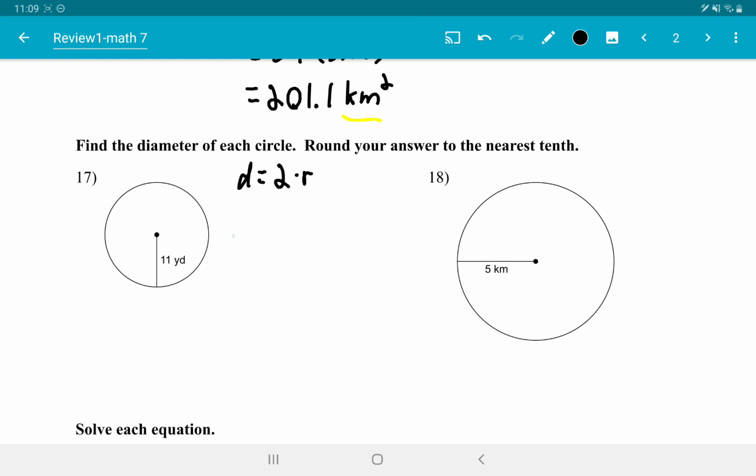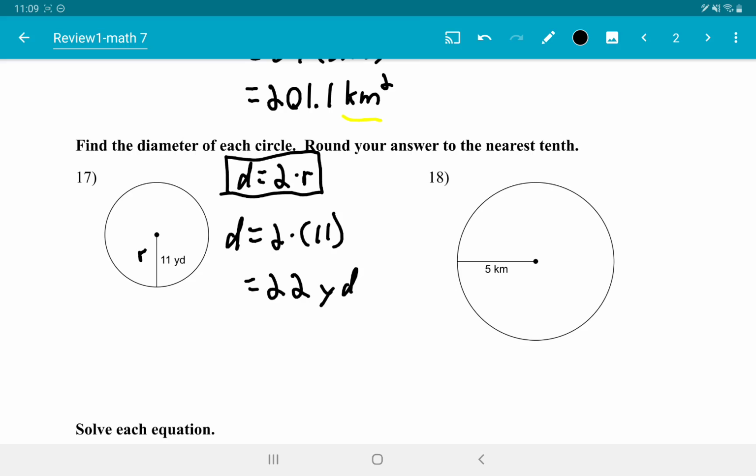So for number 17, my diameter is equal to 2 times my radius, which is 11. 2 times 11 is 22. And again, don't forget your units. So 22 yards. Okay. 18 is the same thing. And as long as you follow this formula, you'll be fine.